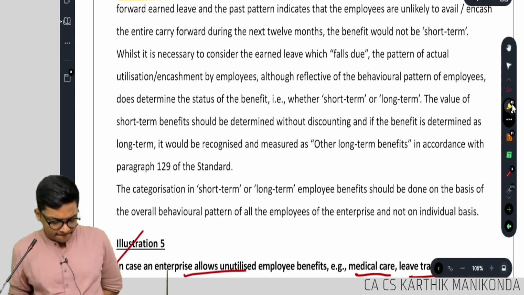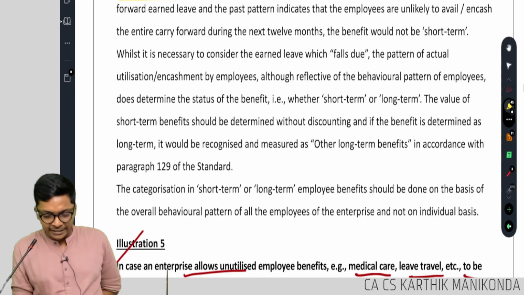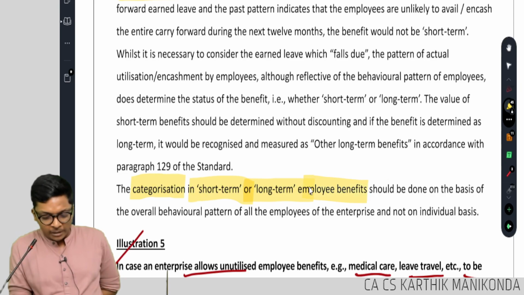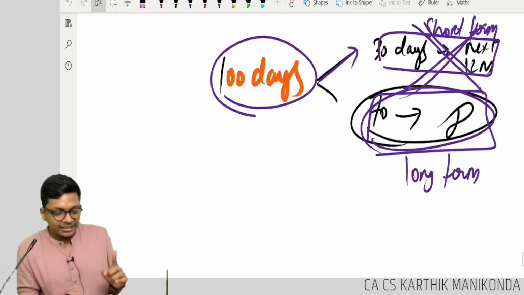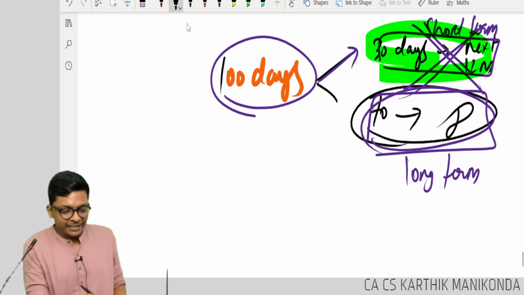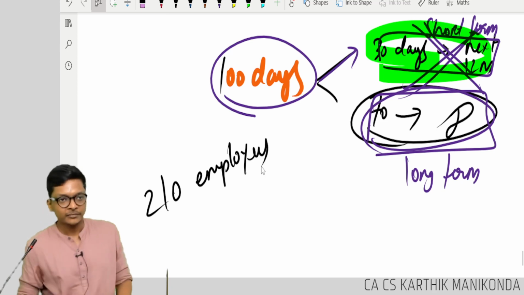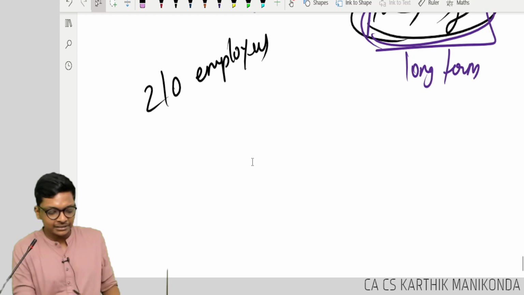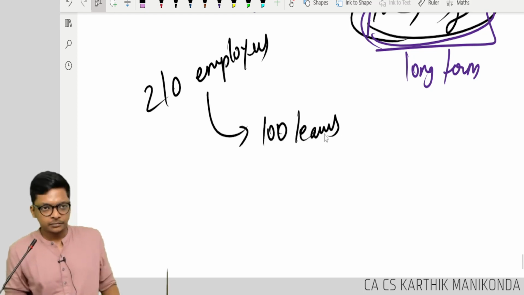Clarification. Okay, here what they are trying to say: the categorization of short-term or long-term employee benefit should be on the basis of the overall behavioral pattern of all employees, and not individual leave days. If a company has, let's say, 210 employees, let's take a simple case. Each of the employees has 100 leaves.